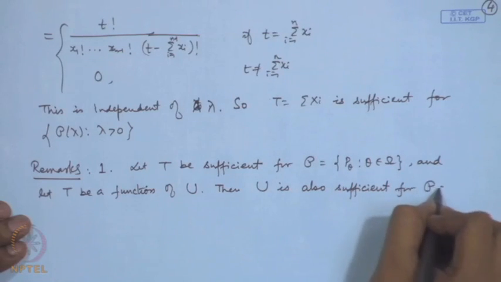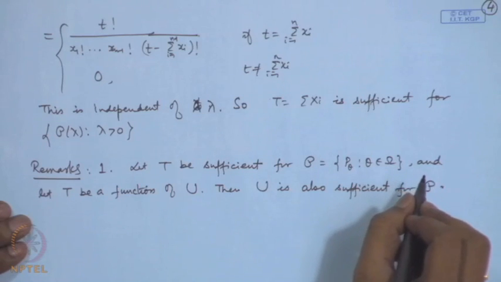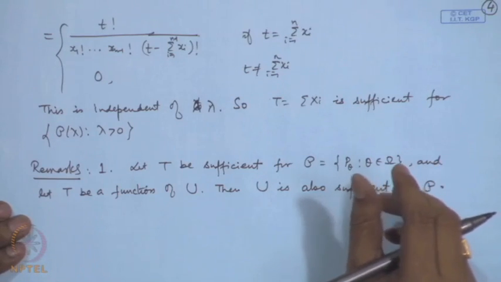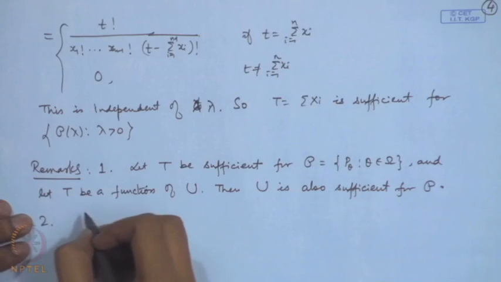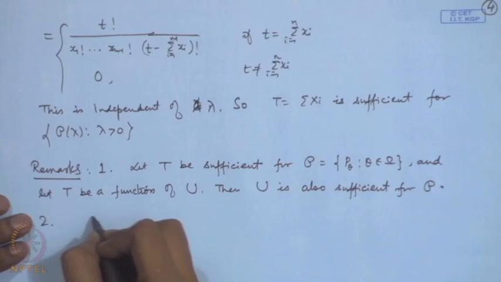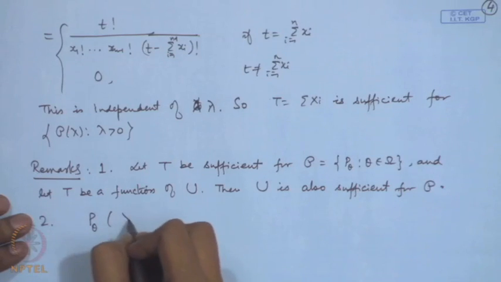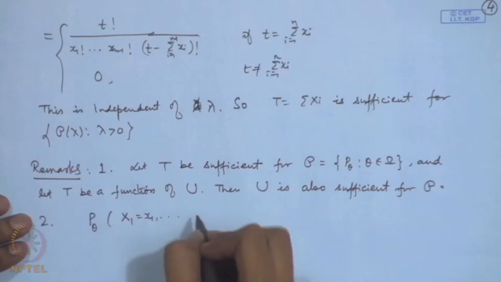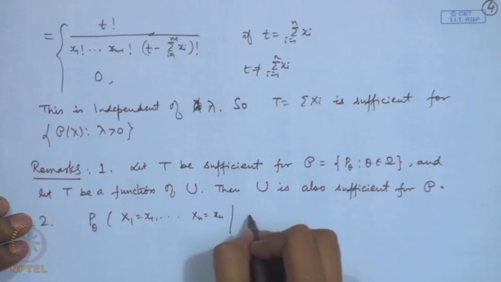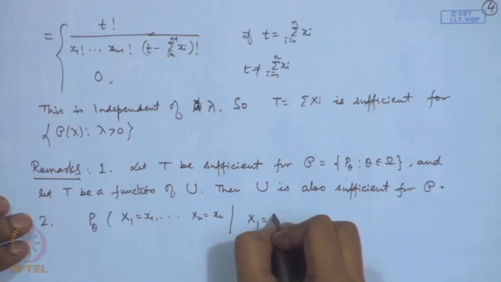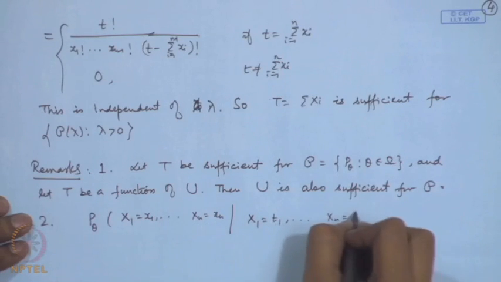for P. Another point that you notice here is that if I consider the conditional distribution of X1, X2, ..., Xn given X1 is equal to small x1, X2 is equal to small x2, ..., Xn is equal to small xn, then that is always independent of the parameter. We can write the conditional distribution of X1 equal to x1, ..., Xn equal to xn given T1 equal to t1 and so on, Tn equal to tn.